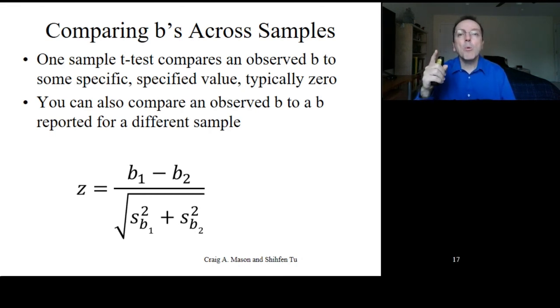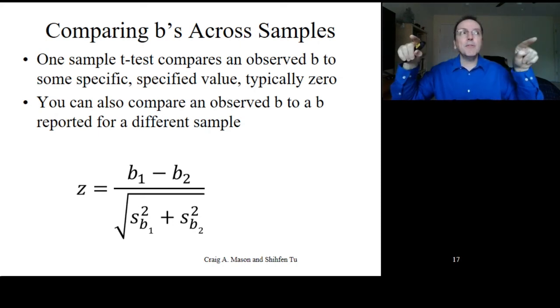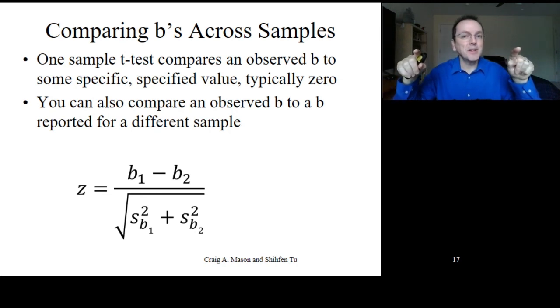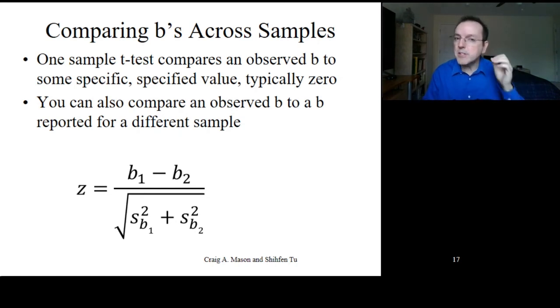Now remember, we're not comparing two regression coefficients in the same analysis. We're comparing two regression coefficients for the same variable from different analyses with different samples. And because of this, there's a few things we have to keep in mind if we want to do this.